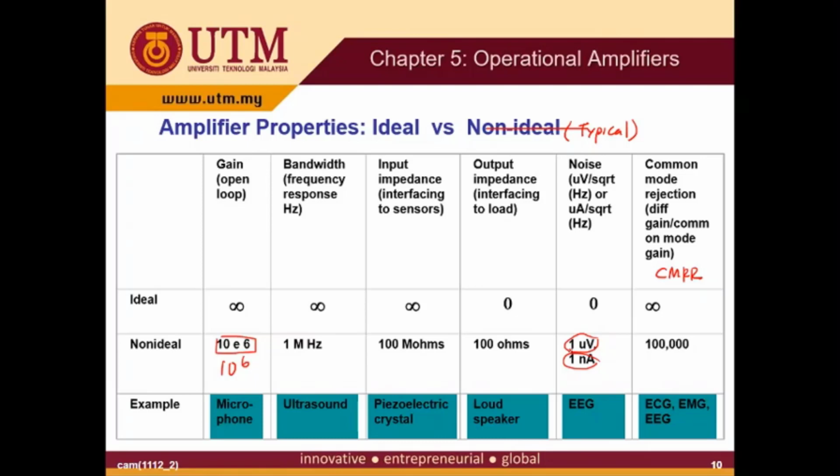So at the end, your output will not have a clear shape as expected. This table also shows some examples related to the properties. For the gain, you can use it as a microphone. Bandwidth is related to ultrasound, and so on.